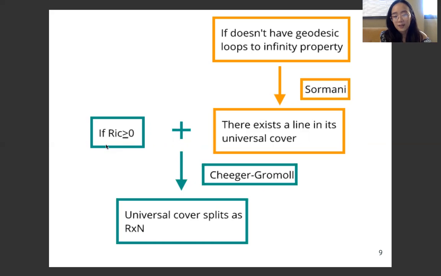And then if the space also has non-negative Ricci curvature, we have non-negative Ricci curvature and now a line. So by the Cheeger-Gromoll splitting theorem, the universal cover splits off an R. It splits as R cross N. So this is used a lot in their proof of the Ricci non-negative case.